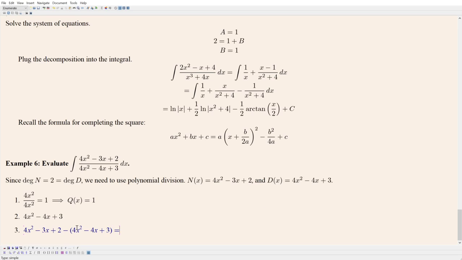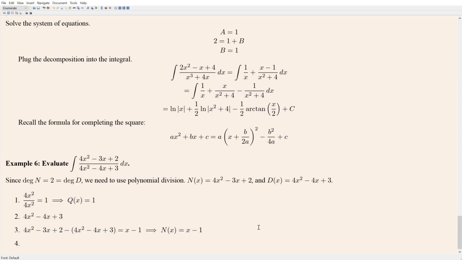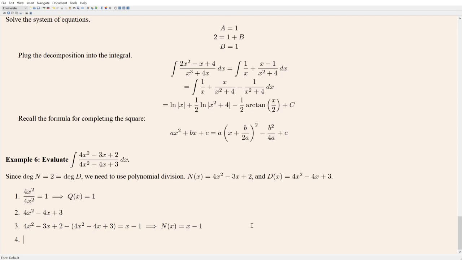So let's see, 4x squared minus 4x squared, that cancels. Minus 3x plus 4x, so that's x. 2 minus 3, so that's negative 1. And then overwrite n with this. Now let's compare the degrees of n and d again.